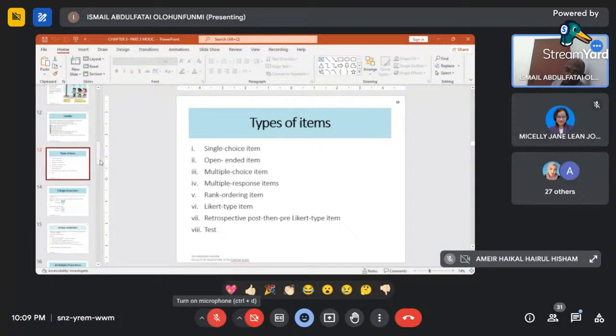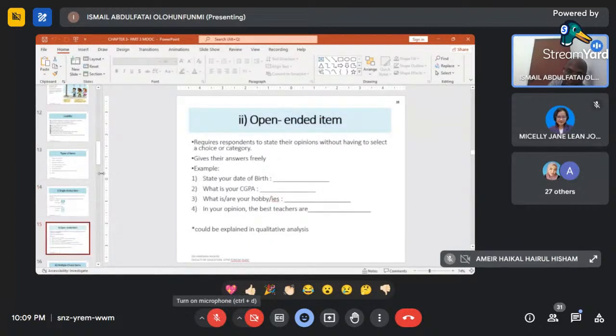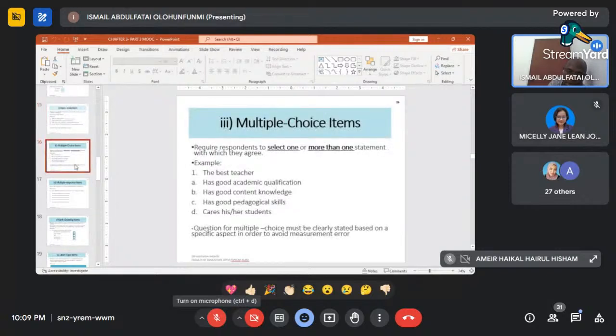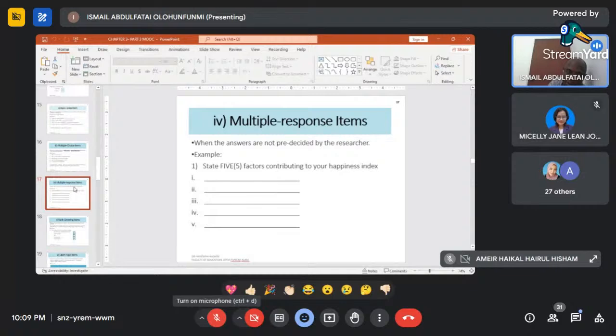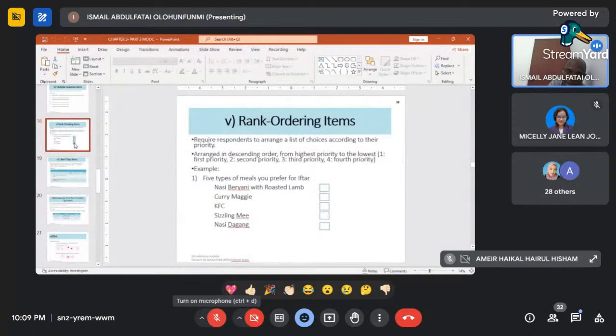One, the first one is the single choice item. This is an example of a single choice item. Two, open-ended item. This is an example of an open-ended item. Three, multiple choice item. This is an example of a multiple choice item. This is a multiple response item. This is a rank ordering item.